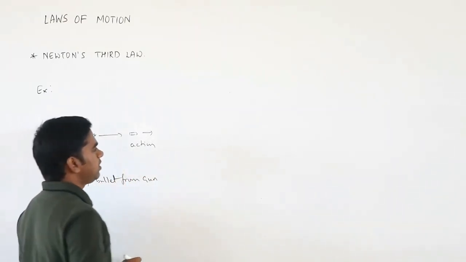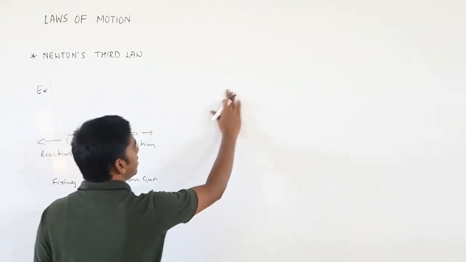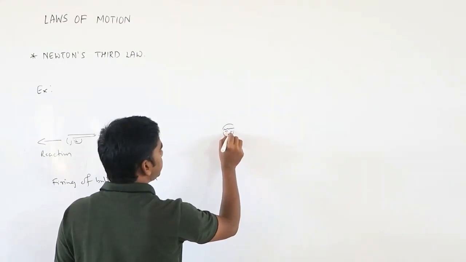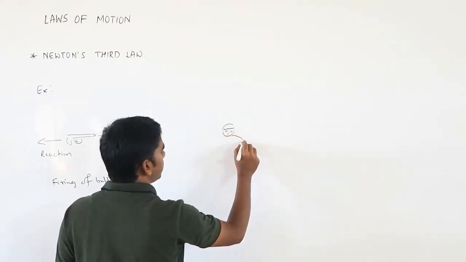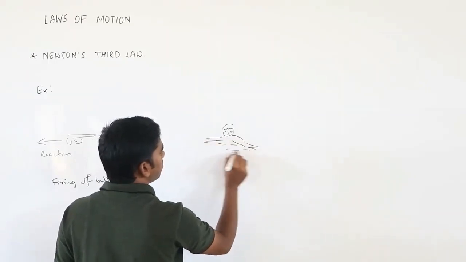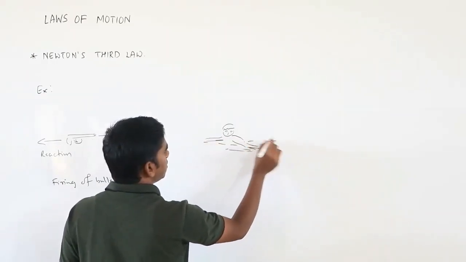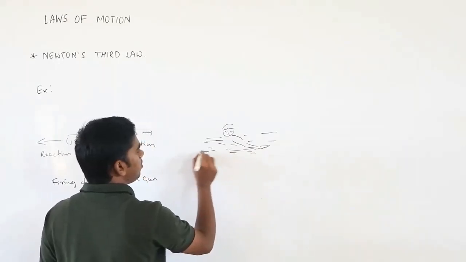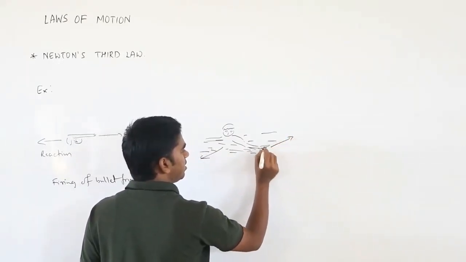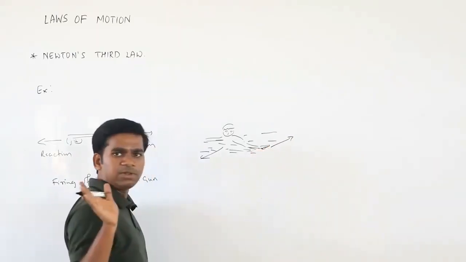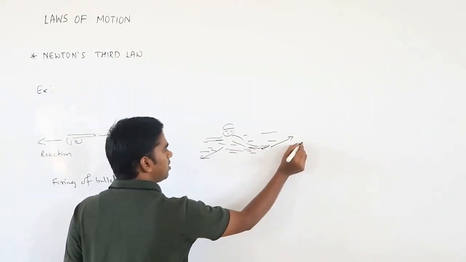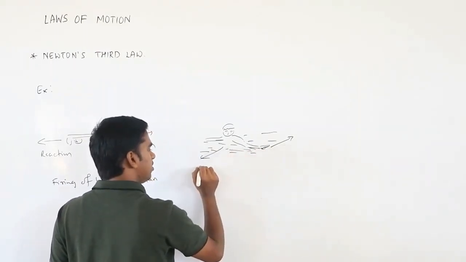So if you look at the second example, suppose there is a person swimming. So this is the water. If he wants to move forward, what will happen? He will push the water in the backward direction. That is the force he is applying on the water. Because he is pushing the water backward, he is coming in the forward direction.